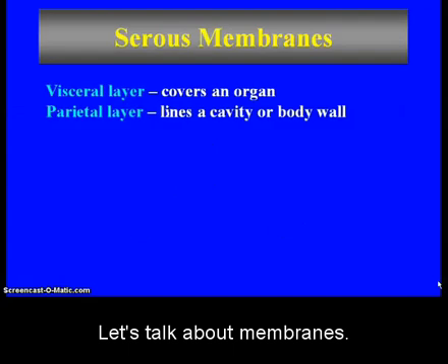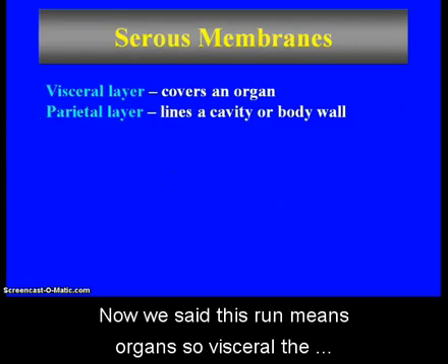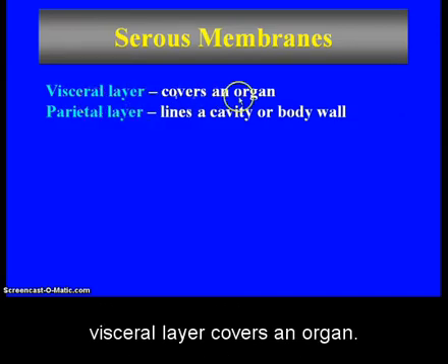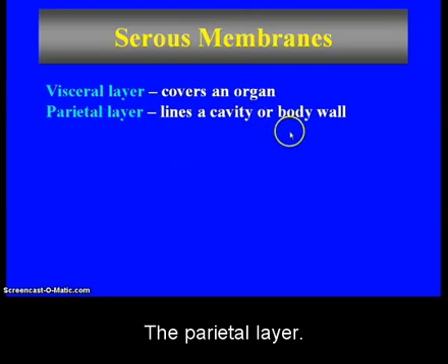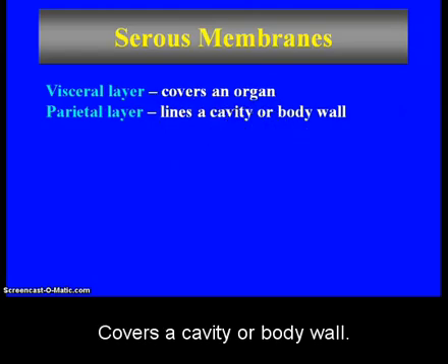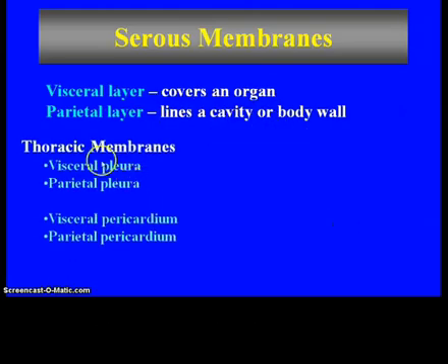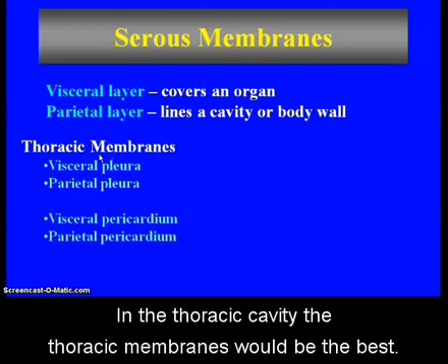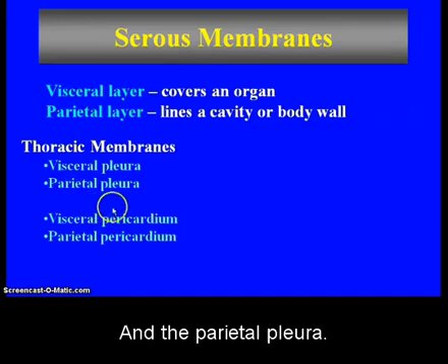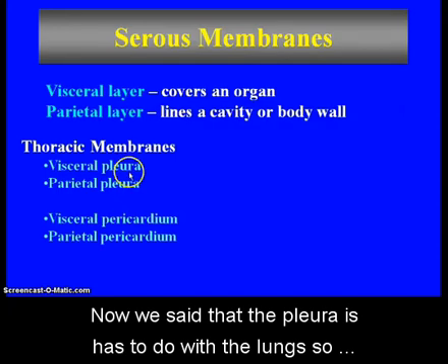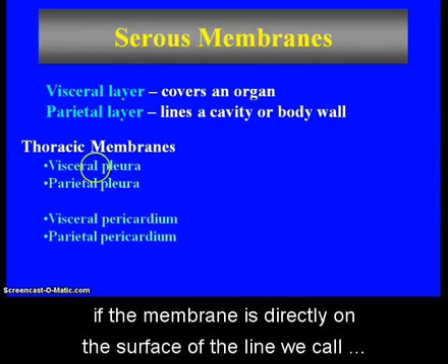Let's talk about membranes. Now, we said viscera means organs, so the visceral layer covers an organ. The parietal layer covers a cavity or body wall. In the thoracic cavity, the thoracic membranes would be the visceral pleura and the parietal pleura. Now, we said that the pleura has to do with the lungs.